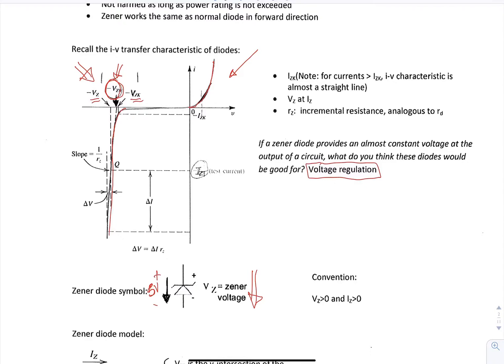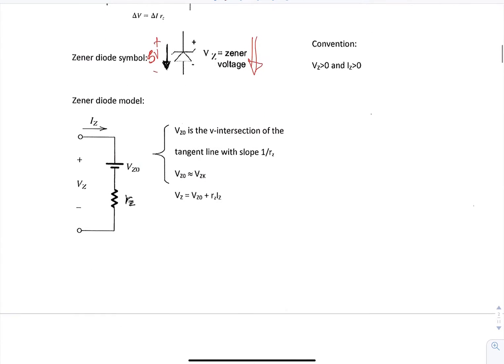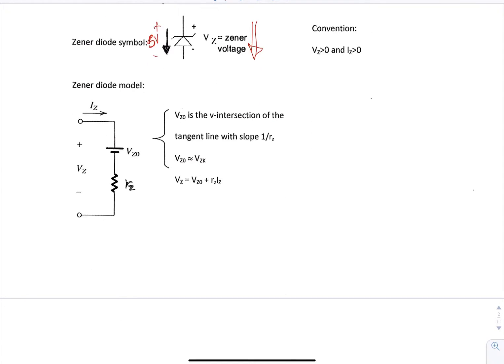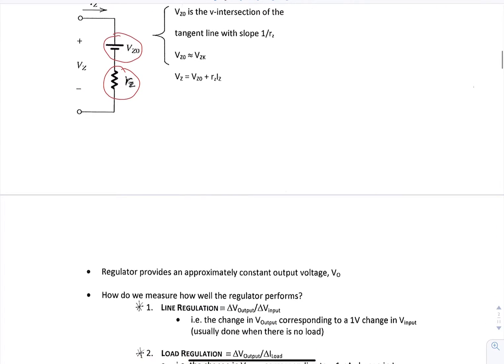What you want to do is try to minimize that range by keeping it in a very small range. So this is the Zener diode model. It has both a voltage and a resistance, which is slightly different than what we've used for the constant diode model. And so we can use this when we analyze a circuit that has the Zener in it.